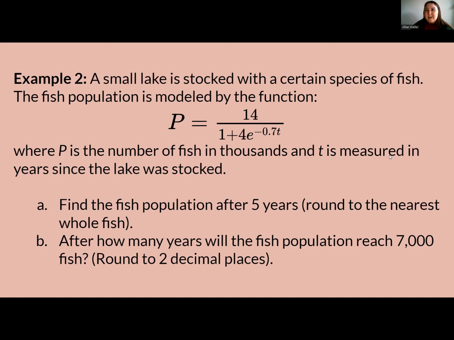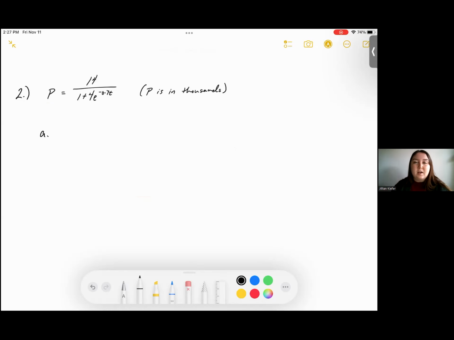All right, let's go ahead and go over to our notes to solve the problem. So example 2, we have our population equation here, 14 divided by 1 plus 4e to the power of negative 0.7t, where P is in thousands. For A, we want to know what the population is going to be after 5 years.